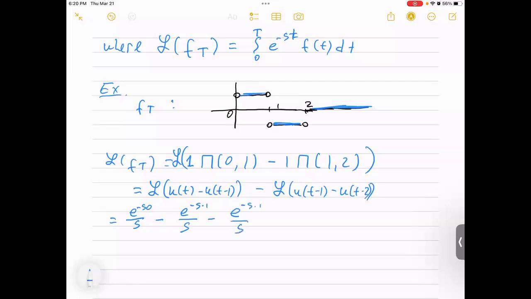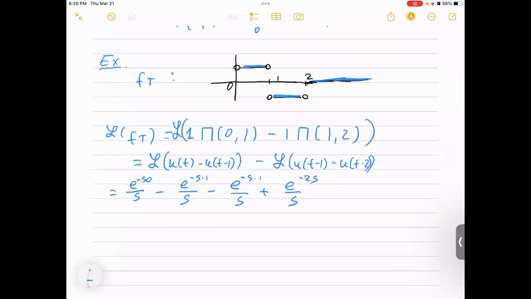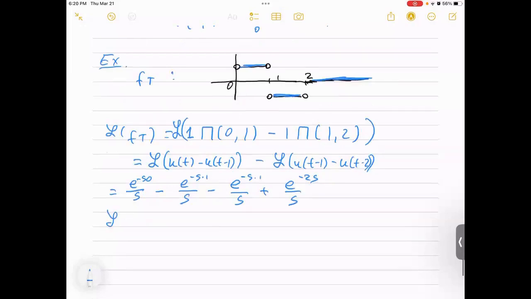Minus minus gives plus, so e to the negative 2s divided by s. Combining like terms, the Laplace of f one period equals 1 over s minus 2 e to the negative s divided by s plus e to the negative 2s divided by s.